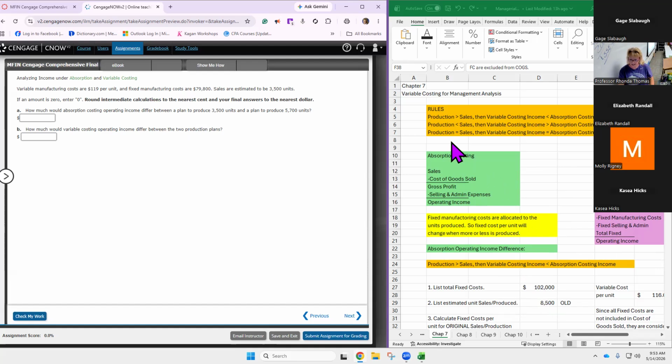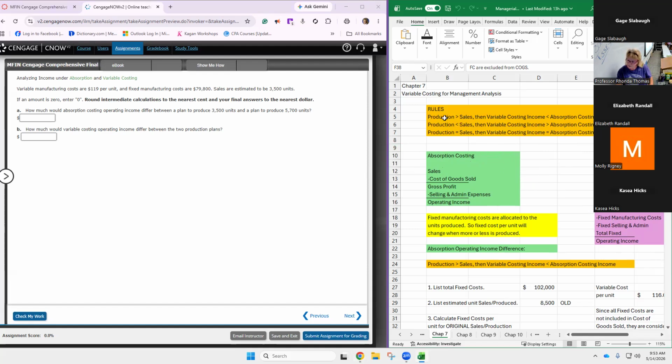The reason is this rule right here, this third rule. When the number we produce equals the number that we sell, then the variable operating income here and the absorption operating income here are equal to one another. So as long as sales equals production in the number of units. So like I said, here are the rules.